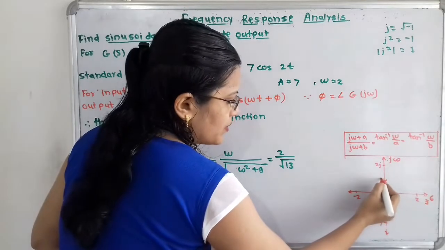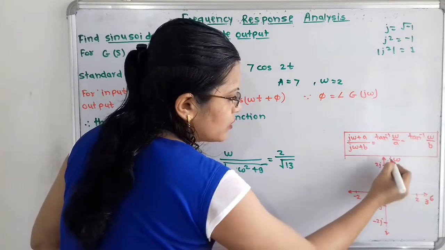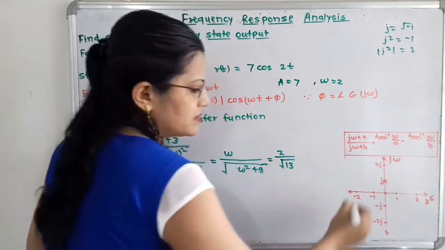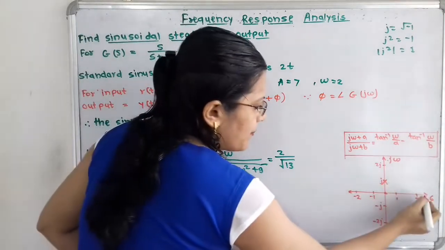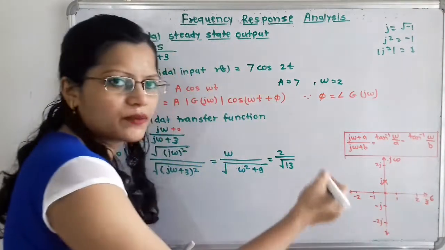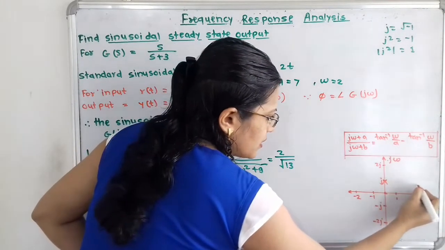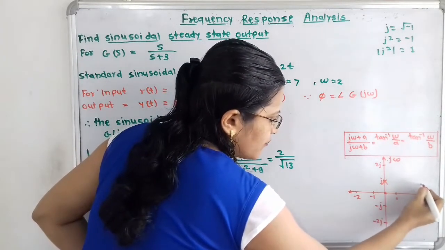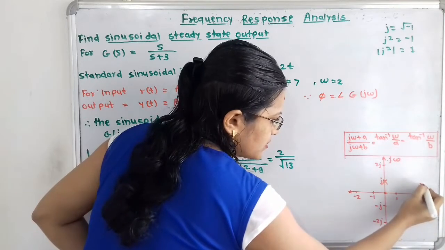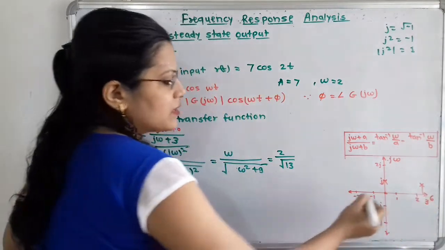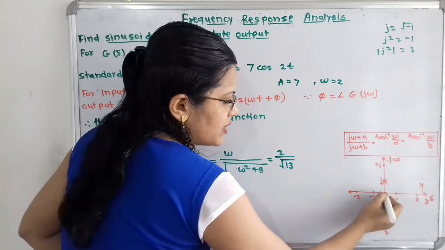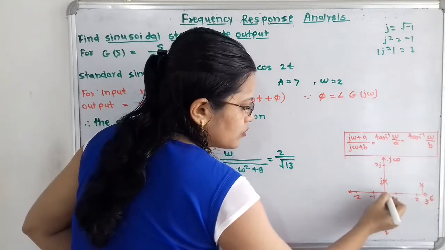This vertical line indicates j omega. For j omega plus 3, I will make one horizontal line from j omega and a vertical line from 3. This is the point of intersection. From this point I take one line passing through the origin.